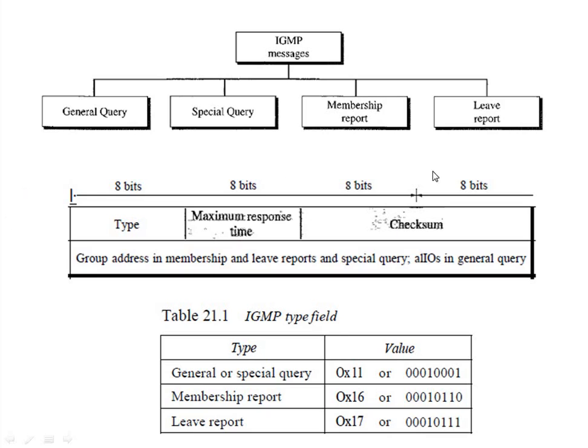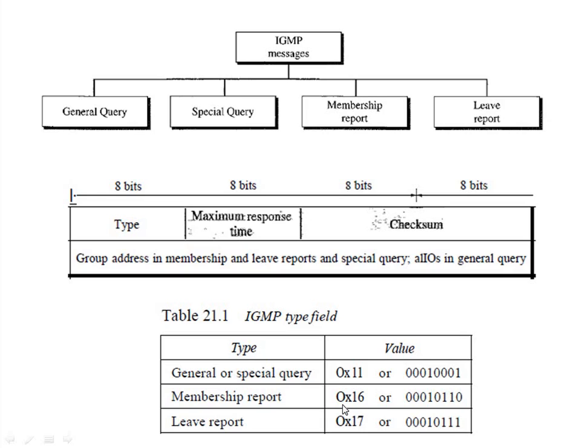This is the generalized format of IGMP. It consists of a type, then 8 bits for maximum response time and 16 bits for checksum. When the type is 0x11, it is a general or specialized query.